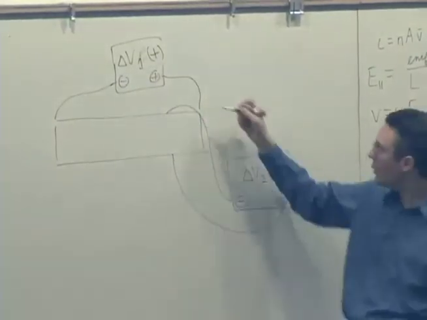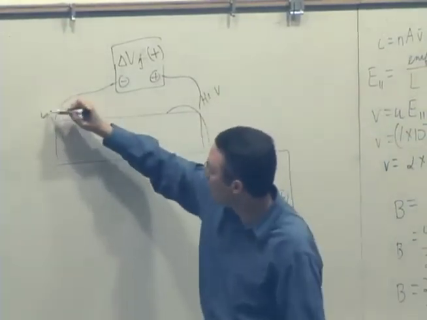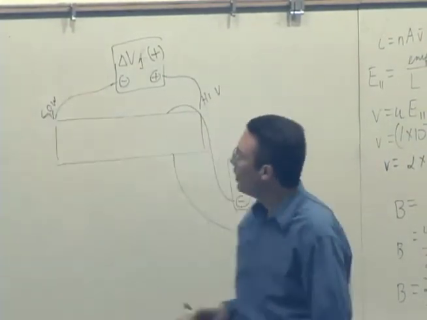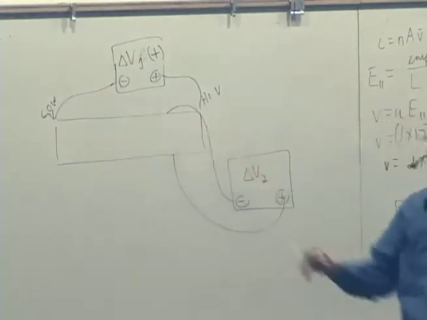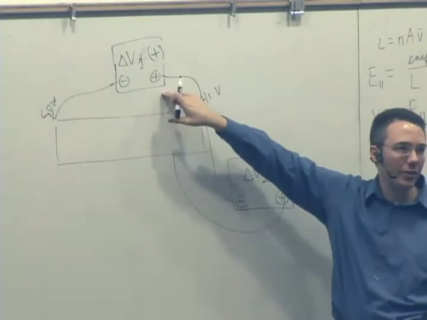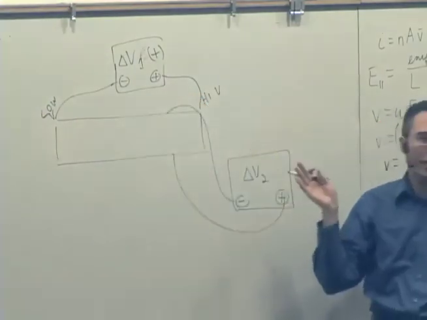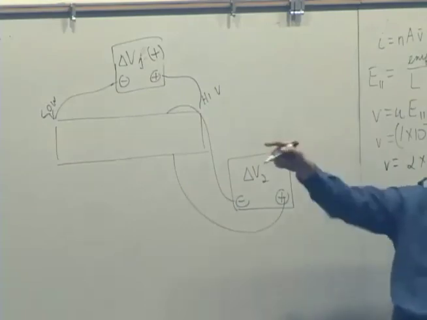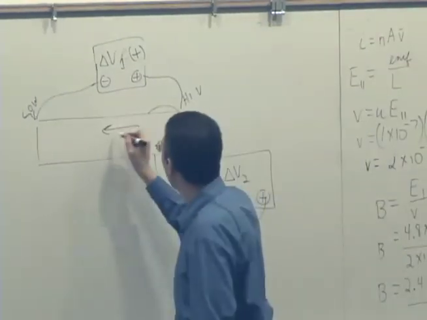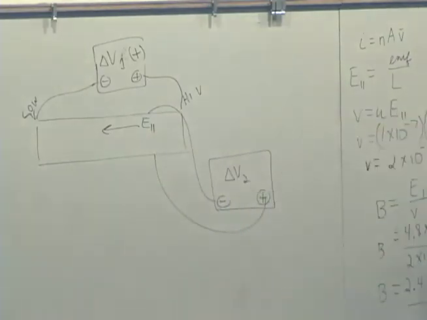The right. So we have the high potential over here, low potential over here. This meter is going to give us the direction of which electric field, parallel or perpendicular? Parallel. So what's the direction of E parallel? It points that way. That's E parallel. So we've got step 1 down.